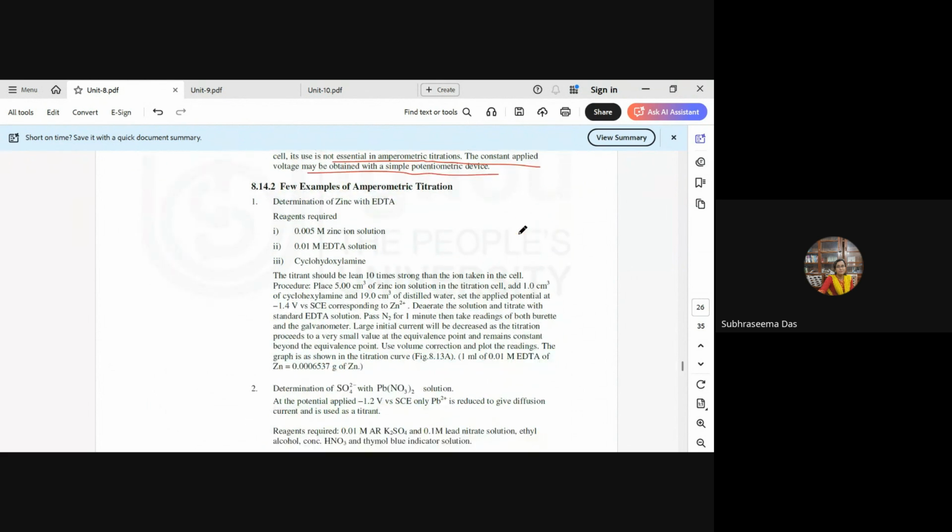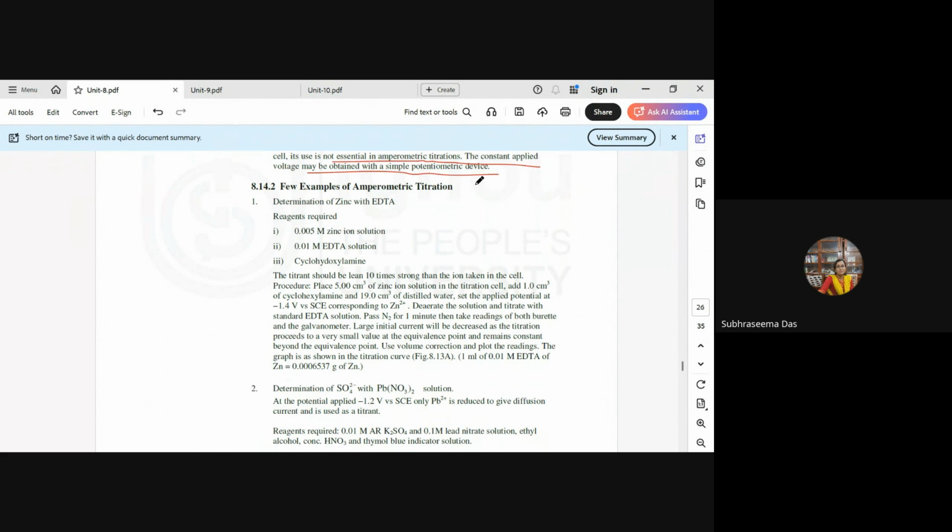Then a few examples of amperometric titration. First is the determination of zinc with EDTA. The reagents required are 0.05 molar zinc ion solution, 0.01 molar EDTA solution, and cyclohexylamine.